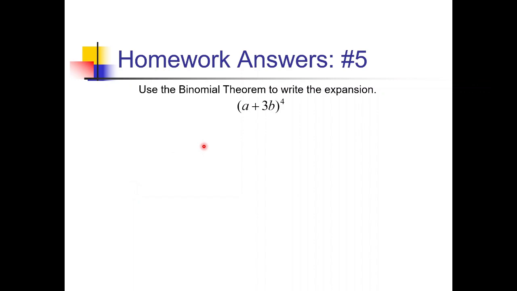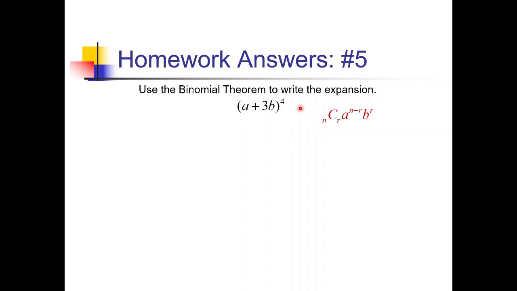In this problem, they want us to use the binomial theorem to write the expansion of a plus 3b quantity to the 4th. So let me write our binomial theorem formula. That would be nCr, and then we have a to the n minus r and b to the r. So just going through here, we've got an n value for all of these of 4, and then the r is going to start at 0, and it's going to make it all the way up to 4 by the time we get to the last term.